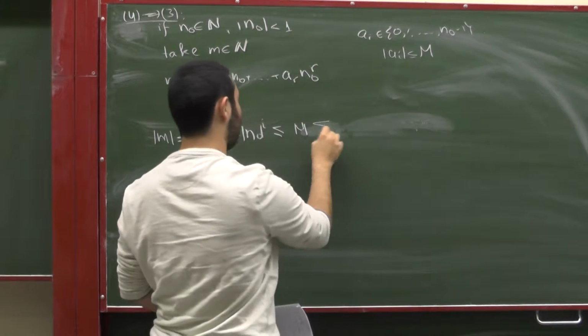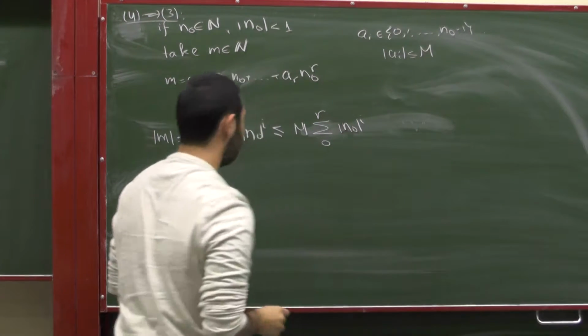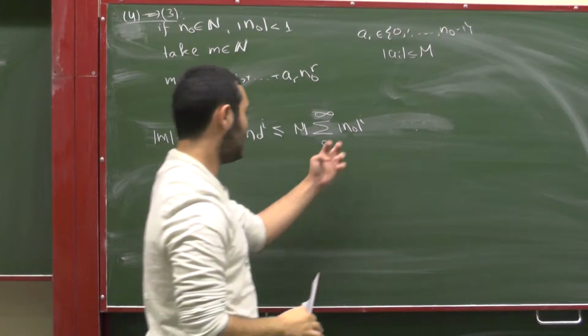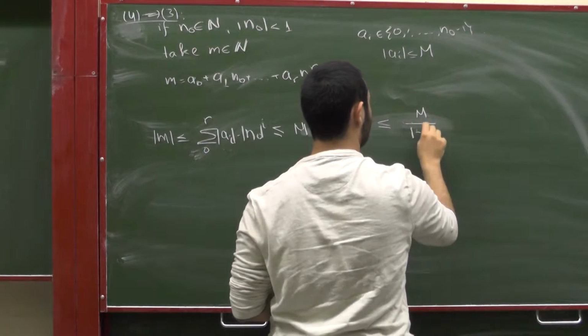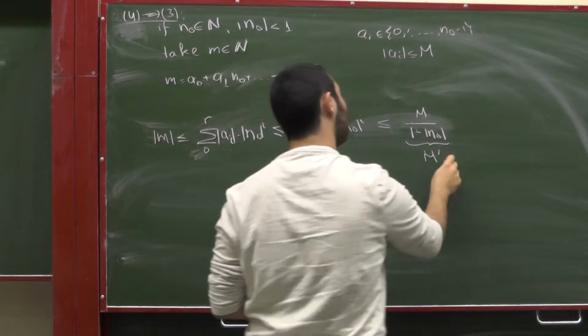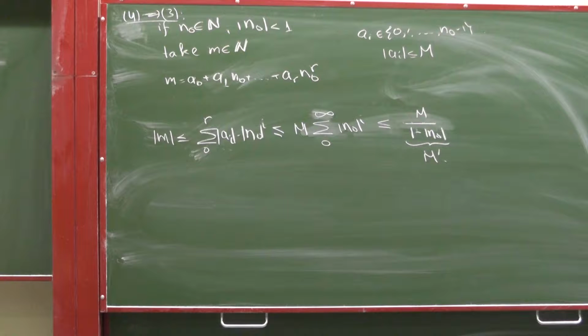Instead of this, I get this thing. And I can make it smaller if I take the sum to infinity. Because this is smaller than 1, this is bounded by this, which is some m prime. So the absolute value on the integers is bounded by some number.